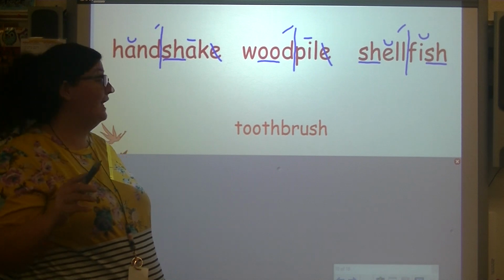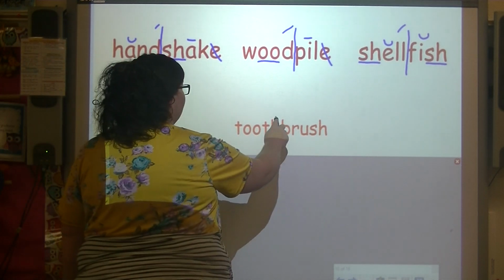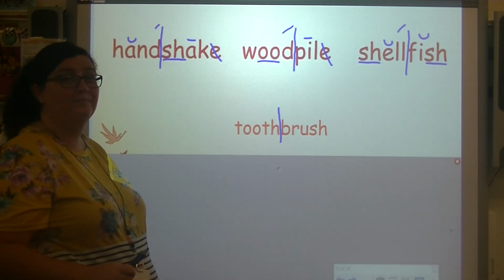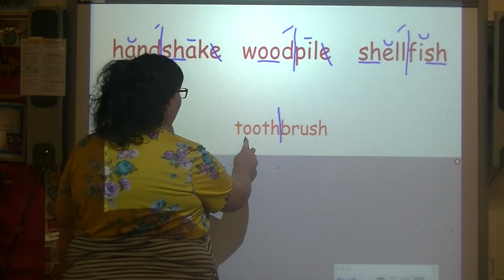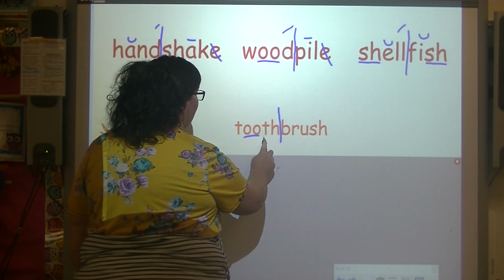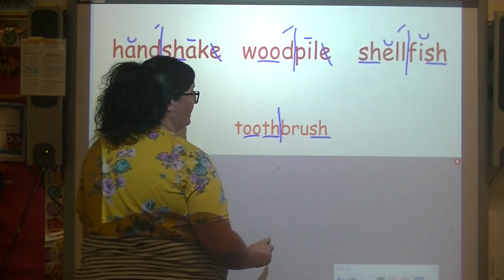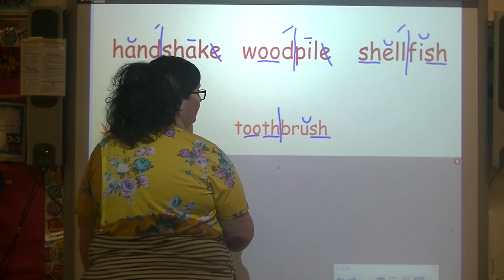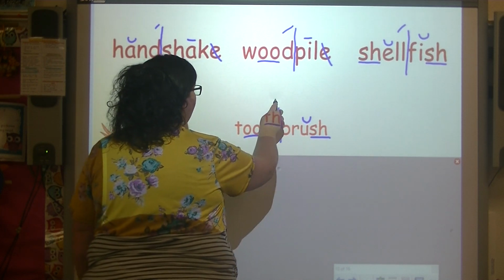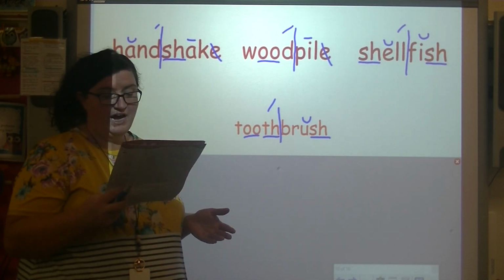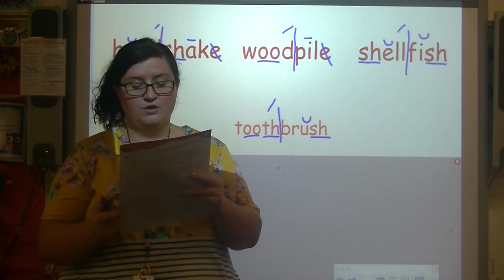Where would we divide it? Between tooth and brush. All right, digraph OO, digraph TH, tooth, and then brush, SH, short U, toothbrush.